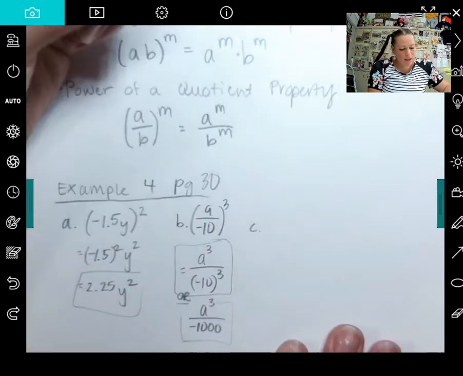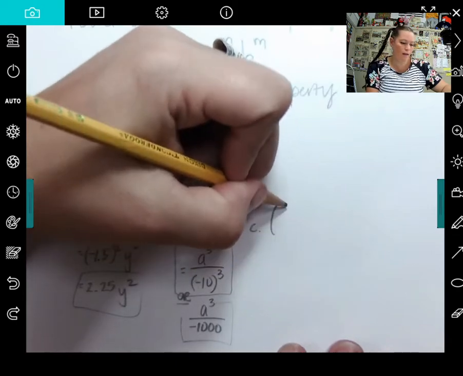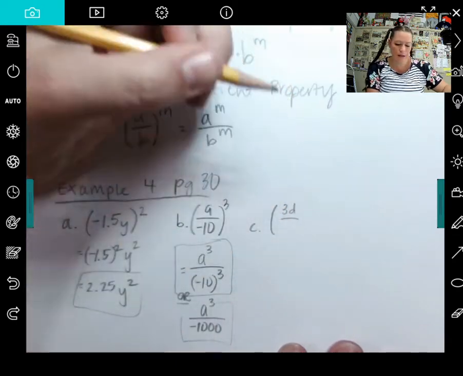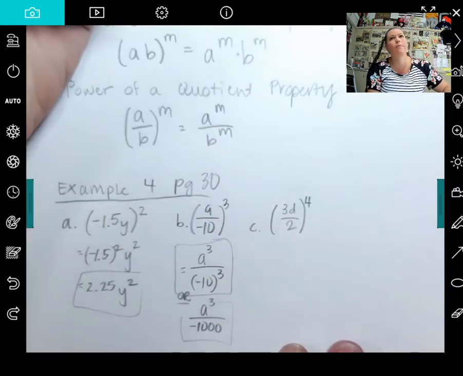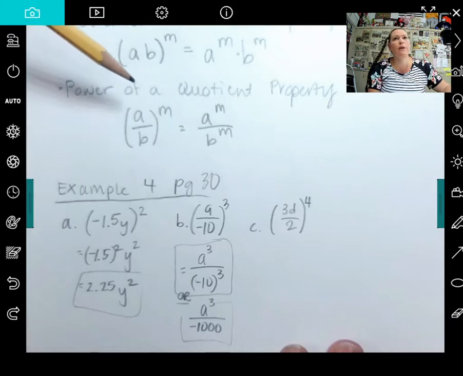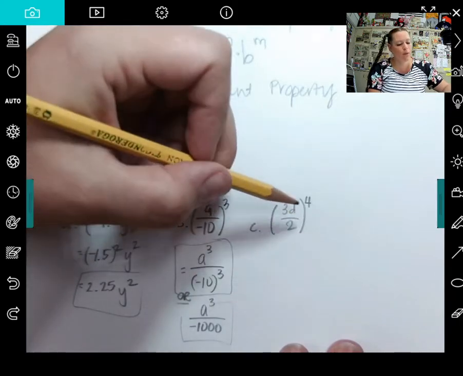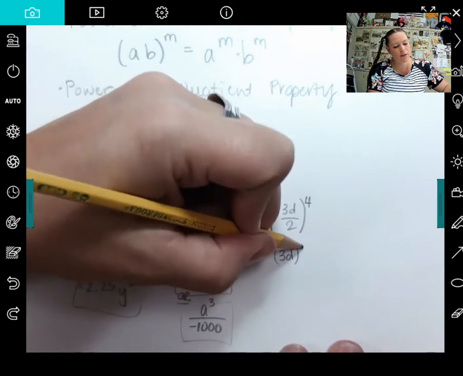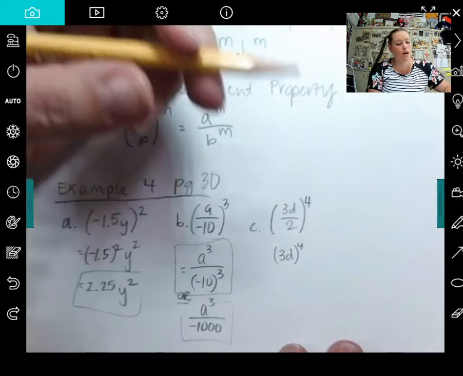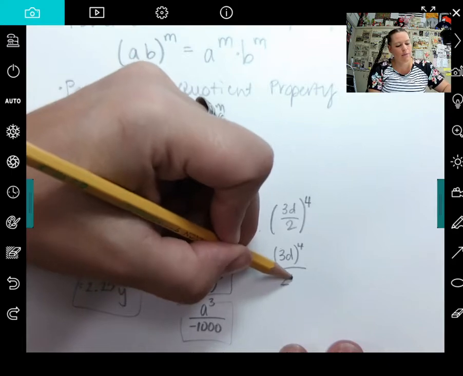For C, we have the quantity of 3D divided by 2, and that quantity is to the 4th power. So now we are going to be using this power of a quotient property where we distribute to the top and to the bottom.